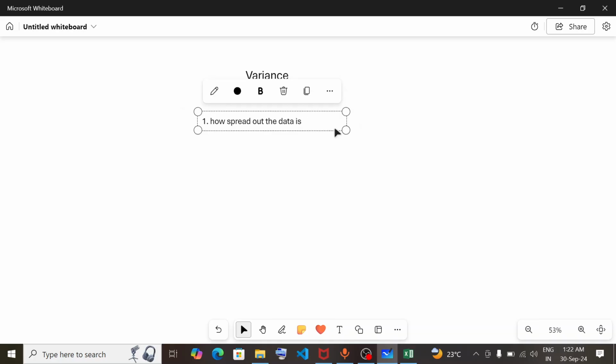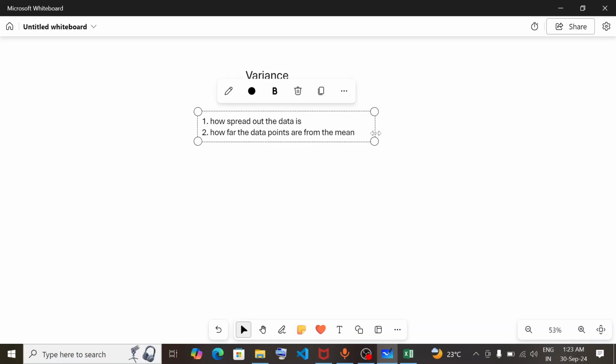Then the second important part with respect to variance: variance is a number, and its main goal is to understand how far the data points are from the mean or the average value.